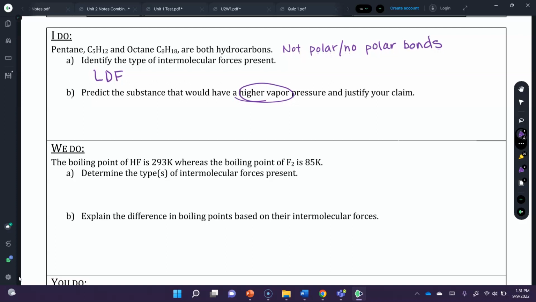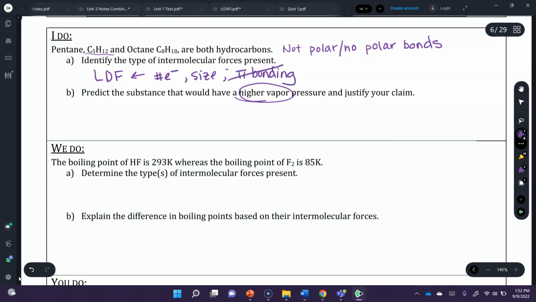Now we're going to explain why. So the lowest intermolecular force would be pentane because it has the fewest number of electrons. When we're talking about London dispersion force, remember we want to talk about the number of electrons, the size, and pi bonding. Well, if you drew these out, you would see that there is no pi bonding. It's not going to happen. So then we're going to talk about electrons and size.